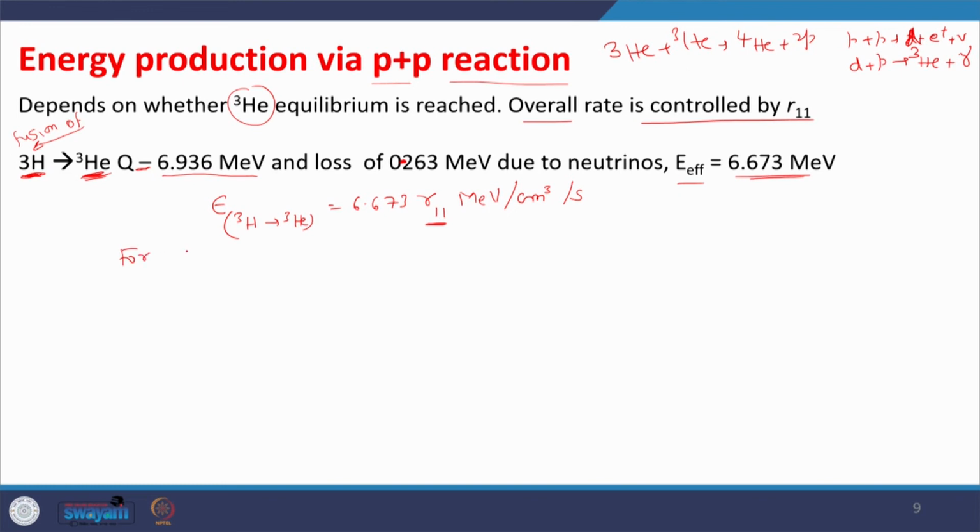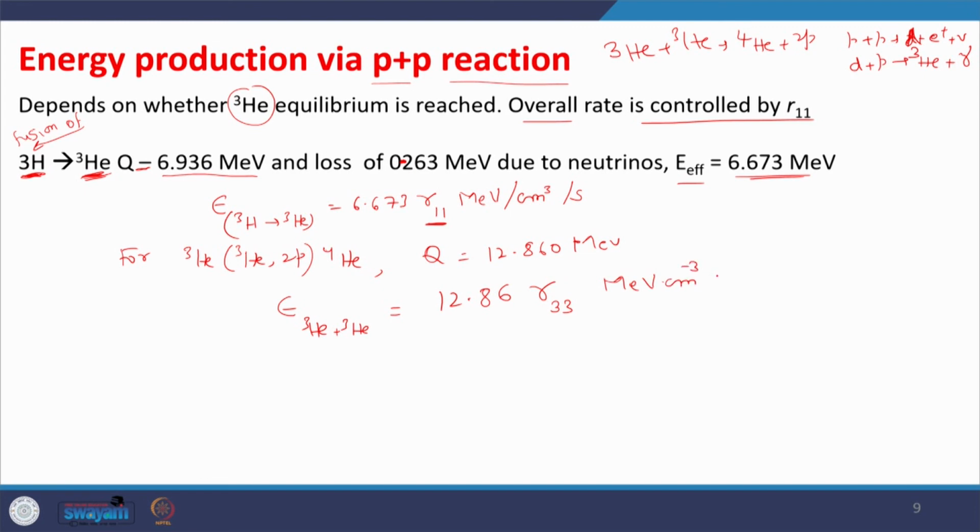Whereas, for the helium-3 plus helium-3 reaction, in the next step, when overall 4 protons are involved, the energy released is 12.860 MeV in this reaction, right. So, the energy production when helium-3 plus helium-3 is happening is basically 12.86, in MeV per centimeter cube per second.